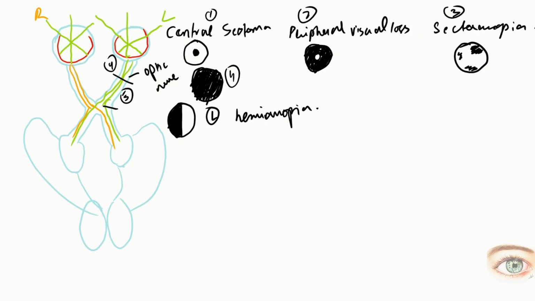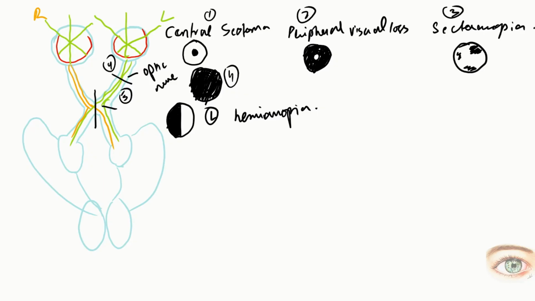Now, if the lesion occurs right at the optic chiasm, so right over here, we know that the nasal fibers of both the eyes are crossing. Now, this will be case number 6. Both the eyes are involved, right?